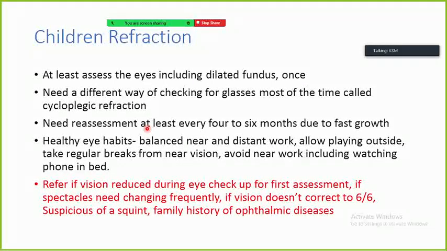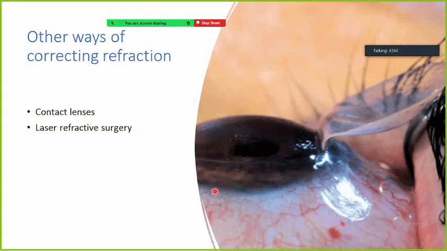And nowadays it's much more common, because children are more into computers and tablets, and they are not used to distant work, playing outside as much as they should. And if the vision is reduced during an eye checkup in a school or in an assessment, then it's better to refer to an ophthalmologist.